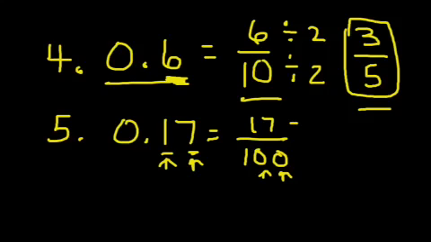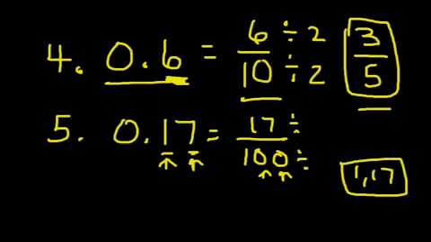All right, let's think about that for a minute. What goes into 17? Well, the only things that go into 17 are 1 and 17. And if it only has 2 factors, do you remember what that is? 2 factors is prime. So if it's a prime number, it's already simplified. So we're done. You don't need to do all this division. You would just leave it 17 over 100.